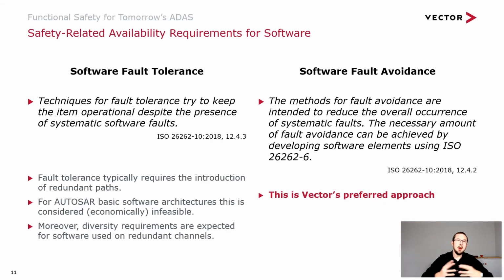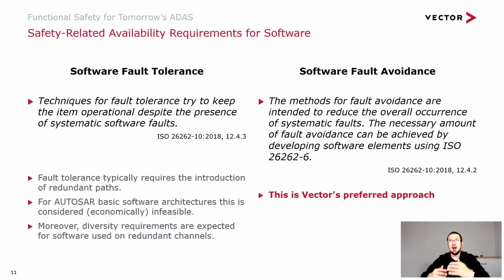And when it comes to hardware, this means redundant hardware, but when it comes to software, this would typically also imply redundant software mechanisms. So when we look at AUTOSAR basic software, this would probably mean using 2 different sets of AUTOSAR basic software on the 2 different channels. And this really becomes economically infeasible for most projects.